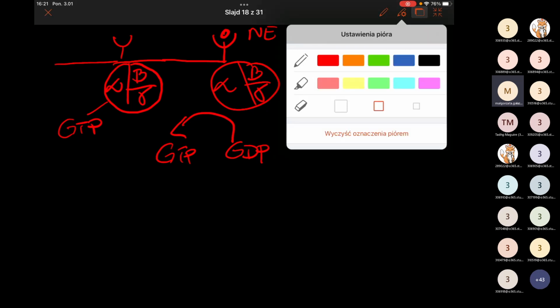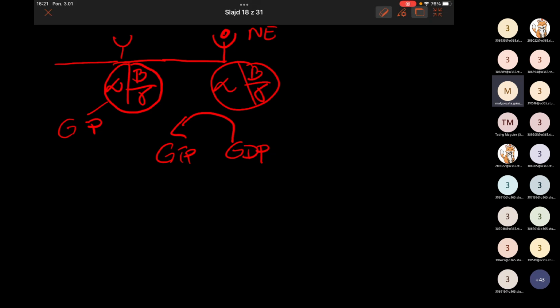So GDP is replaced by GTP, and the alpha subunit, because of that, dissociates from the beta and gamma complex and is released to the cytosol.